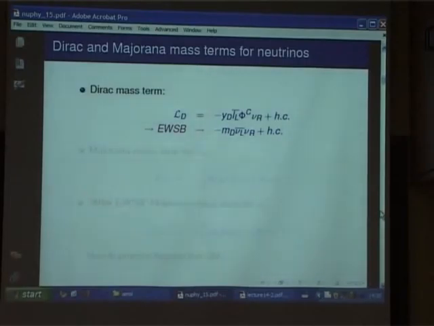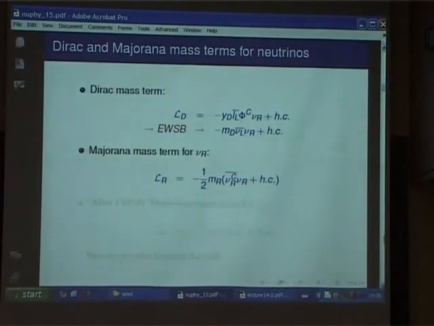We have this Dirac mass term, which was minus phi d L bar phi c nu r plus its conjugate. After you break electroweak symmetry, this phi d times this vev give rise to this m d. So we have the Dirac mass: m d nu L bar nu r plus its conjugate, which is just nu r bar nu L.